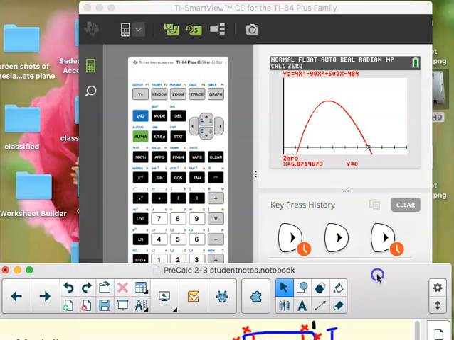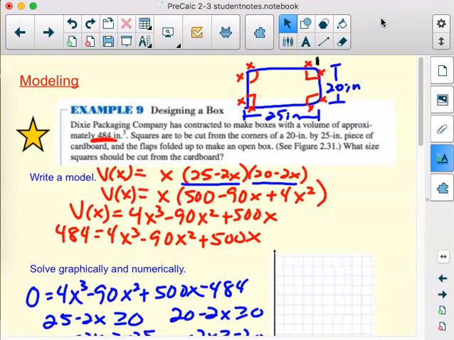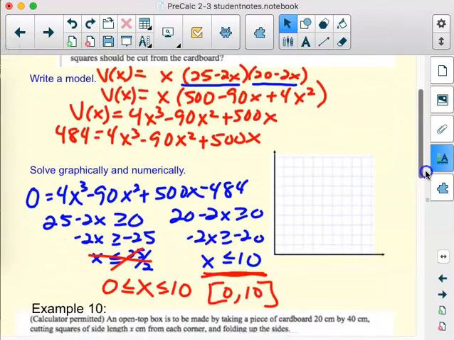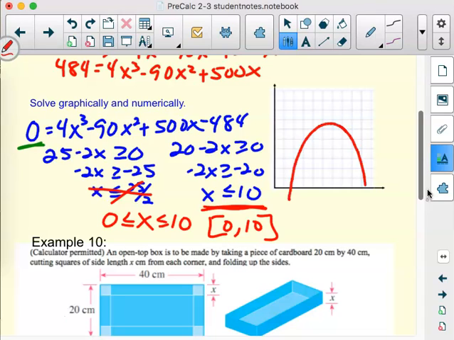So those are the two solutions, because we moved the 484 over into the polynomial. Let me just put it up a little bit so you can see the blue. We worked it into a 0 on one side. And this is what we saw.